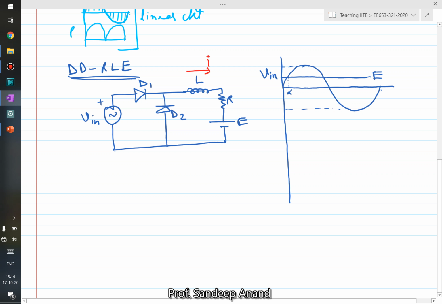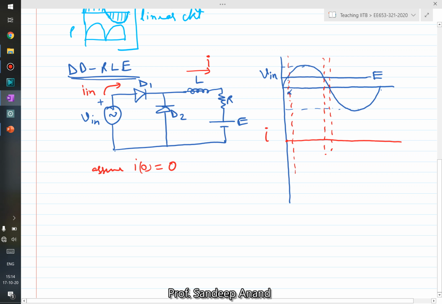Here there are two different currents. One is the input current I in, right? And another one is the current I, which is the inductor current. So let us go by the initial condition. Let us assume that the initial condition is 0. If that is the case, then you can see that initially current is 0, right?